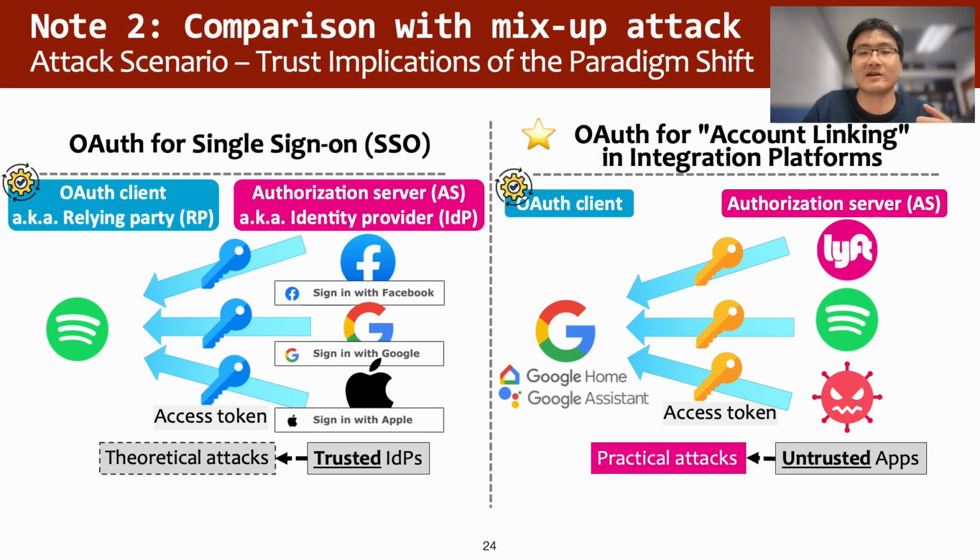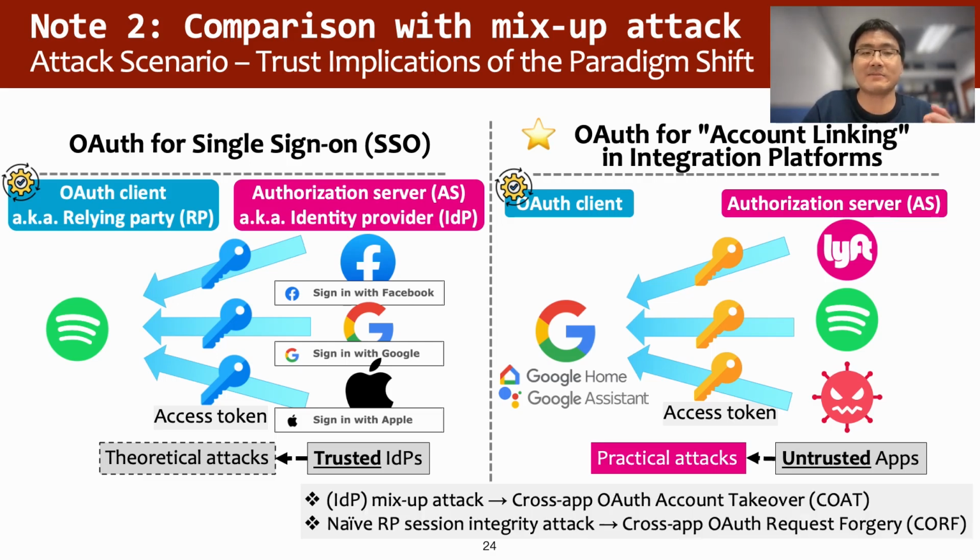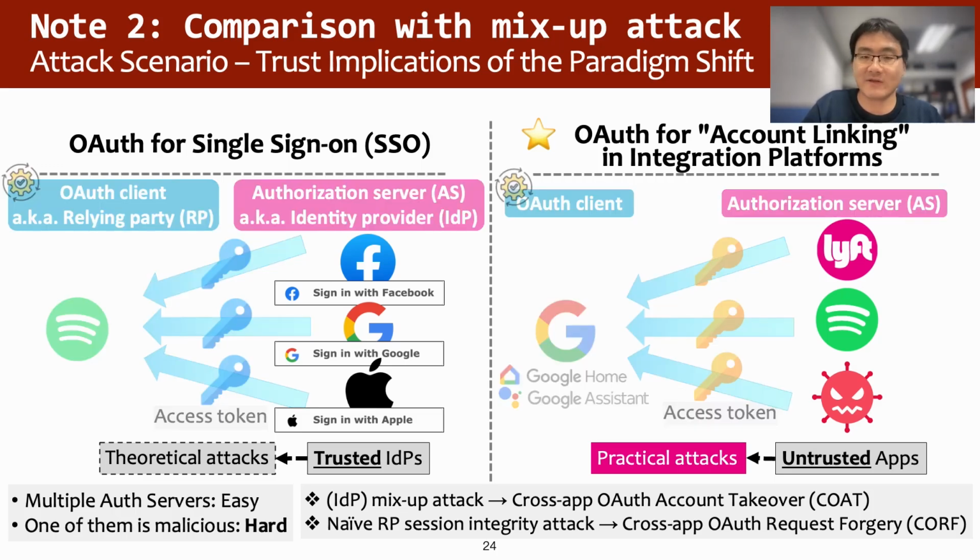Usually when people talk about mix-up attacks, they use the traditional paradigm, which we showed on the left-hand side. The most practical scenario where there are multiple authorization servers involved in the traditional paradigm is single sign-on, because most websites support more than one IDP. But the second precondition for the mix-up attack to work is that there must be a malicious authorization server out there.